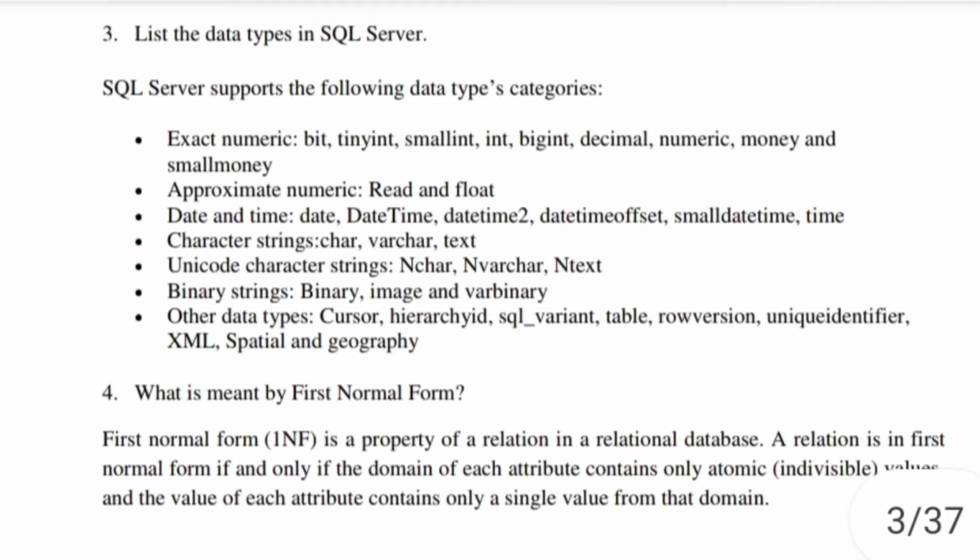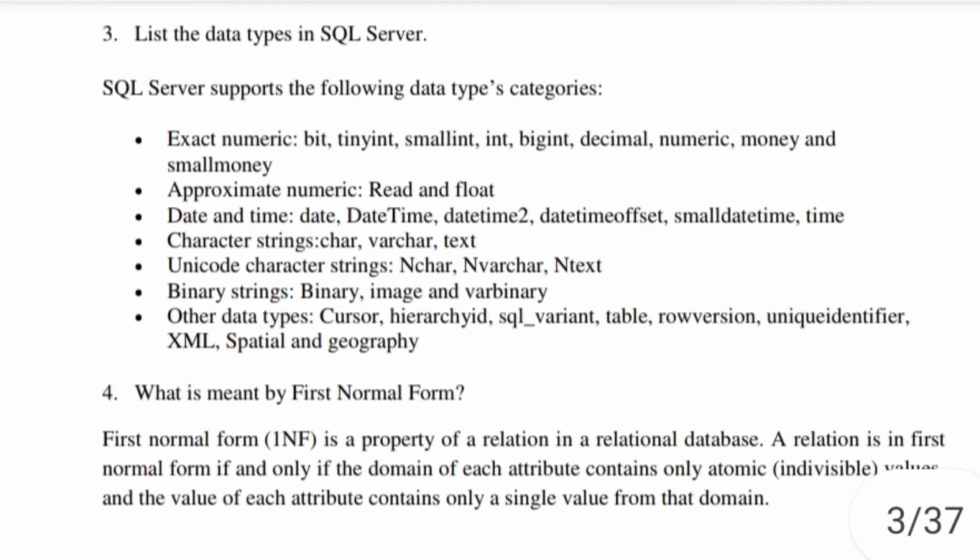Character strings: char, varchar, text. Unicode character strings: nchar, nvarchar, ntext. Binary strings: binary, image and varbinary. Other data types: cursor, hierarchyid, sql_variant, table, rowversion, uniqueidentifier, xml, spatial geometry and geography.